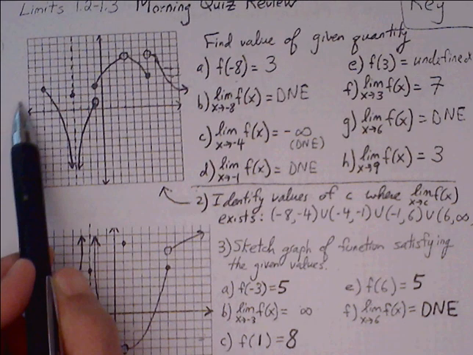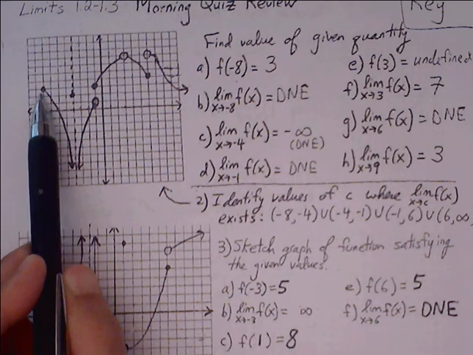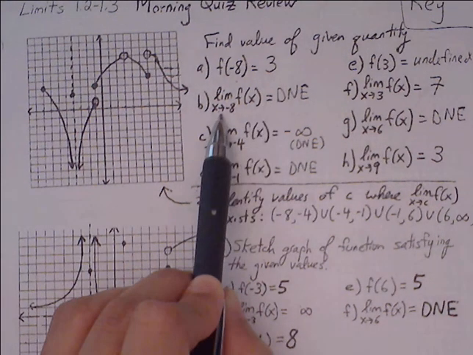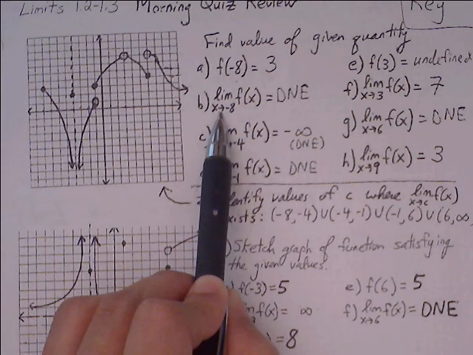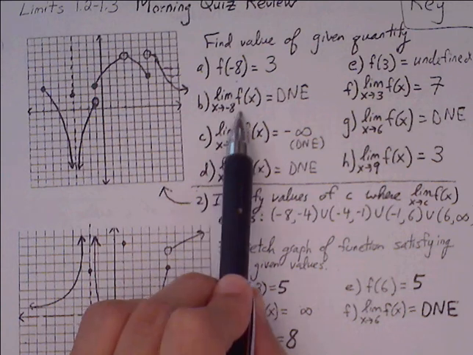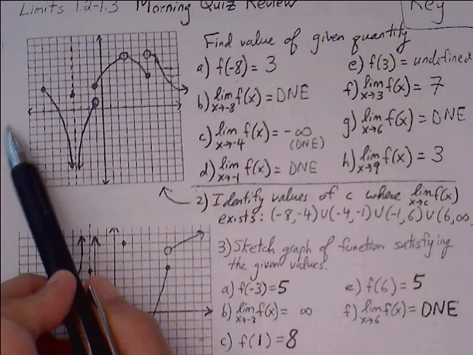However, there's nothing on the left side of that x value. So the limit doesn't exist, because the graph has to approach the same y value from both sides of that target x value.